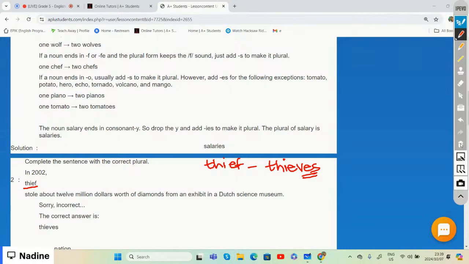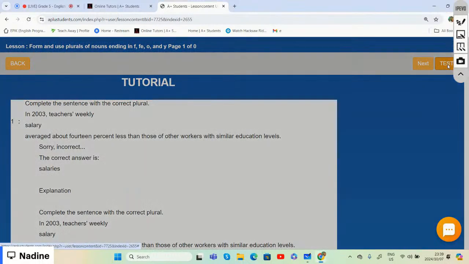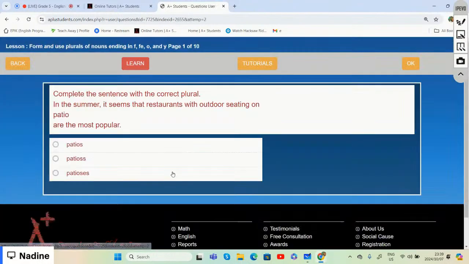All right. So now we're going to our test where we are going to form and use plurals of nouns ending in fe, o, and y. It says, in the summer, it seems that restaurants with outdoor seating on patio are the most popular.